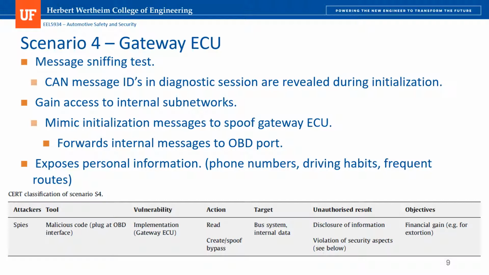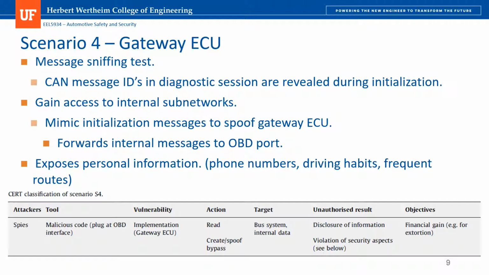So what they did here is they learned about these initialization messages, and they mimicked them to spoof the gateway ECU into allowing the OBD2 messages that they were sending in to get forwarded by the gateway ECU into the internal subnetworks.